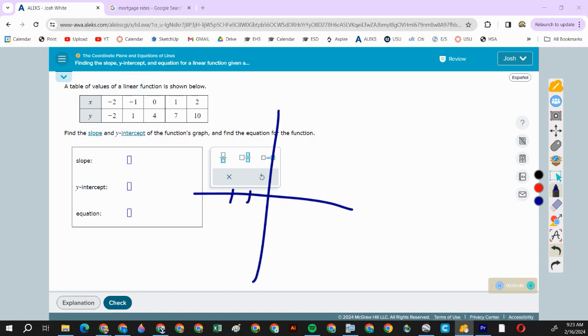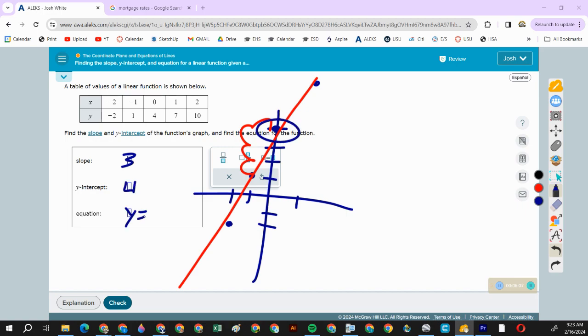So the slope is 1, 2, 3 over 1. The y-intercept is 4. So the equation is y equals 3x plus 4.